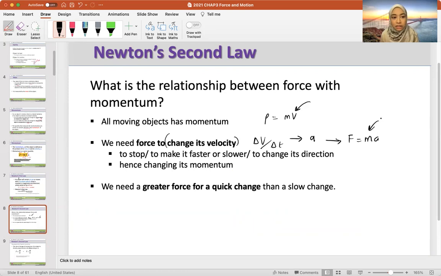So when you have a change in velocity over the change in time, why is the change in time involved here? Because we are always changing in time. As I'm talking here, I have a change in time, you have a change in time. Our change in time is the same. So when we're talking about any change in quantity, there is a change in time because time keeps on moving. We can't stop time, right?